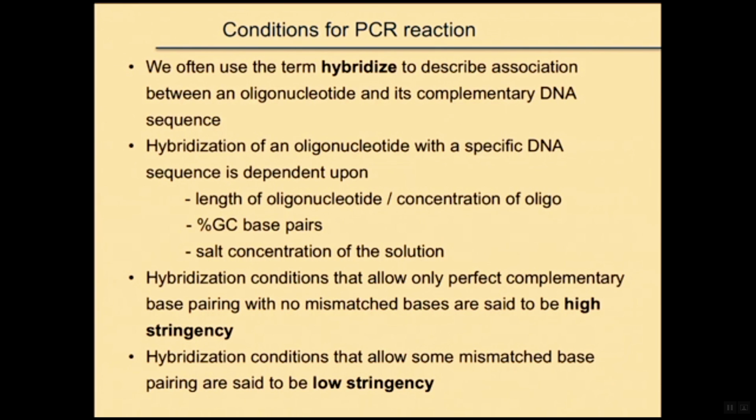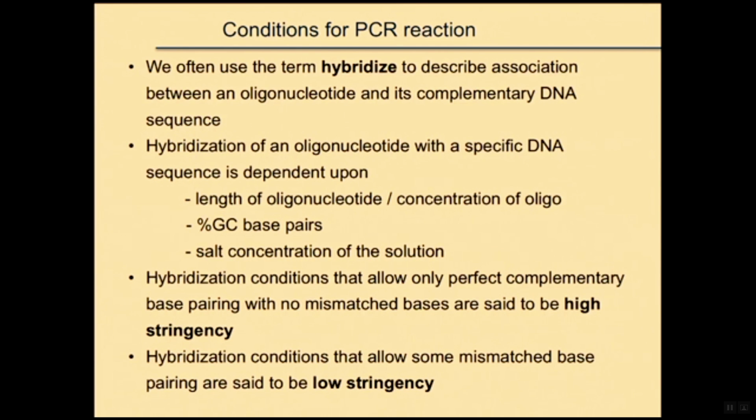In some of your PCR reactions in your practical, you will be using higher and lower annealing temperatures and seeing what kind of products you get, or how different the specificity of the products is between a lower and a higher annealing temperature. What we expect when it's a low stringency PCR is that the annealing temperature is lower.